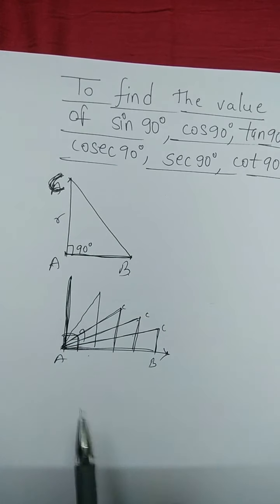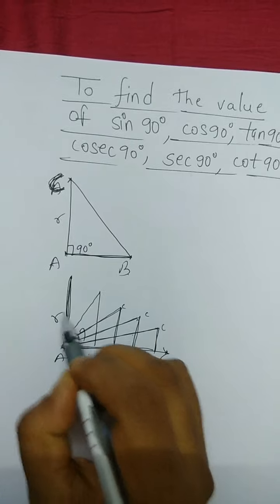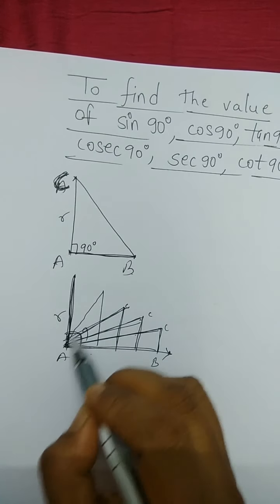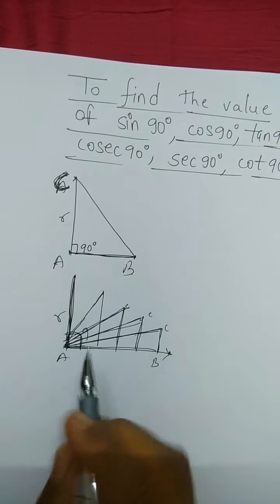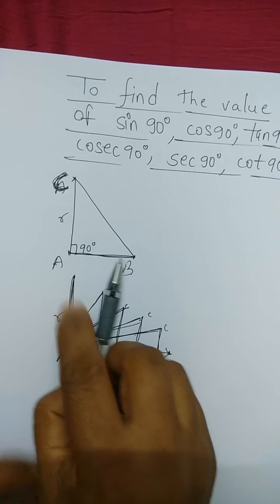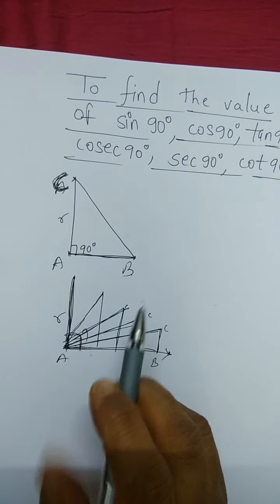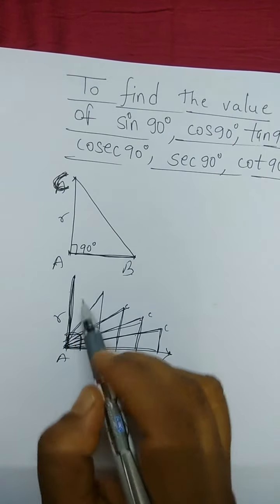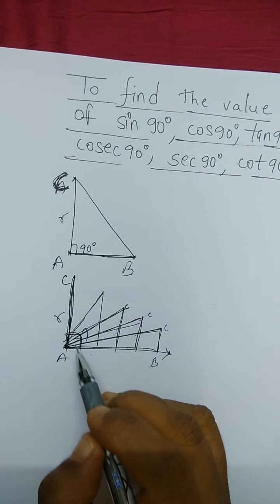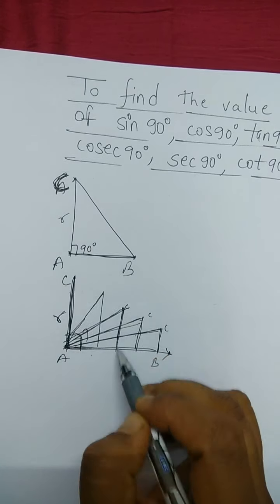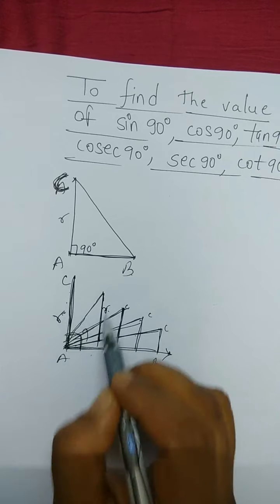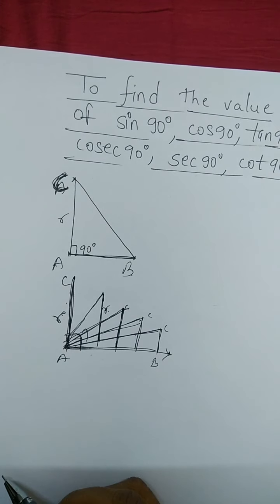So when it became 90-degree, this value I have taken R. So this side will also become equal to R when it reaches this perpendicular side. This is AC now, and this side also will become equal to this side when it reaches 90-degree.